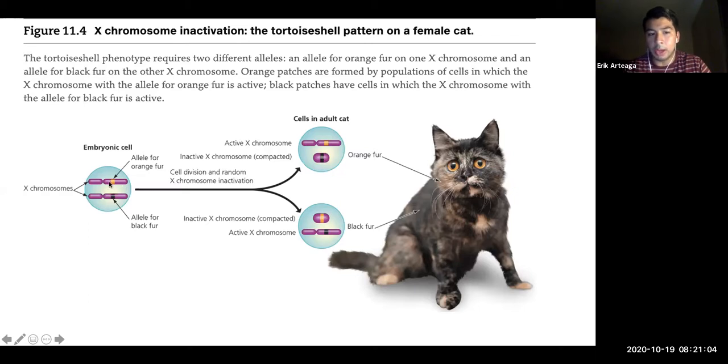Okay, and it's random, and this is why females typically are not affected by sex-linked diseases like color blindness in males, right? You typically see males that are more colorblind because they only have one X, whereas females are something called a genetic mosaic, which means that they typically will get one bad gene and one good gene, right? And throughout the body, they'll have either the good or bad X chromosome turned off or on.